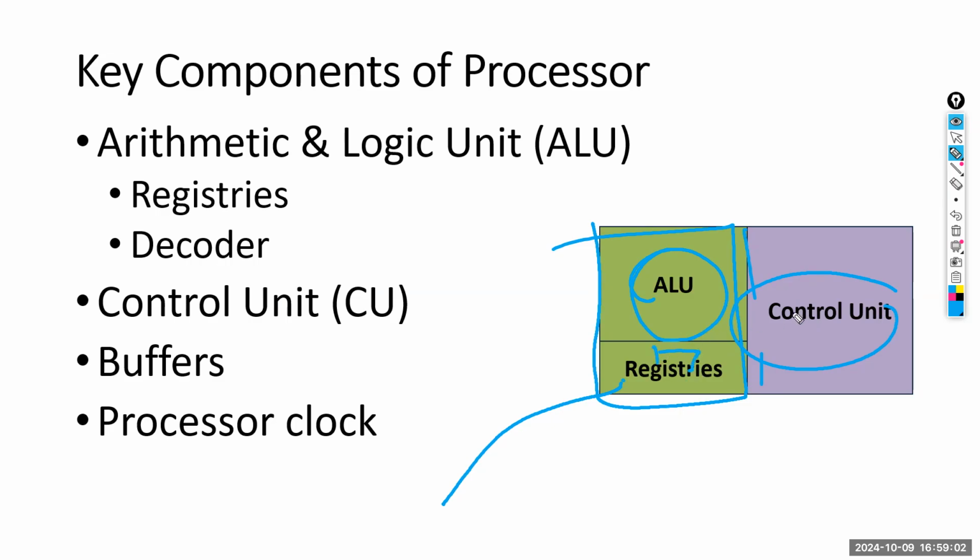And then it is decoded. Once it is decoded, your control unit knows exactly what to do. Then your instruction is fed to the ALU. The control unit will send the control signal saying what to do, and it is processed. I told you that the microprocessor has billions of logic gates. Those logic gates are inside the ALU.